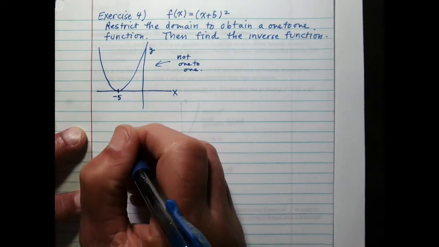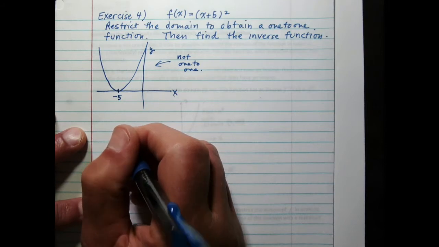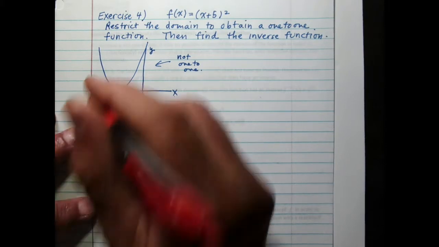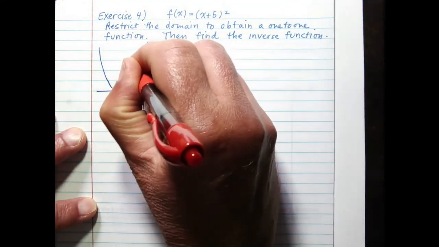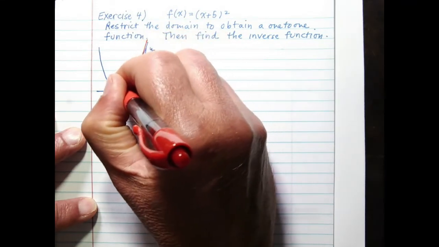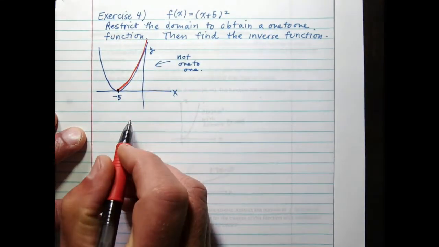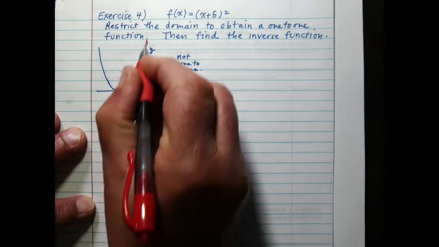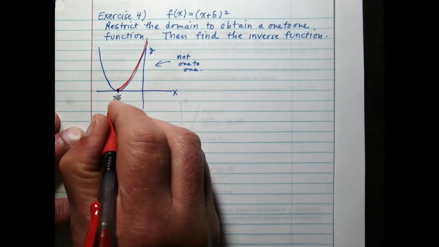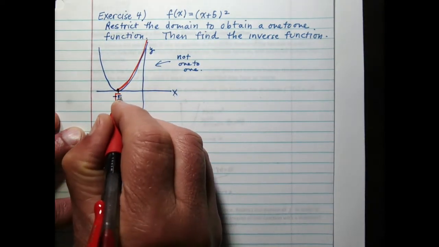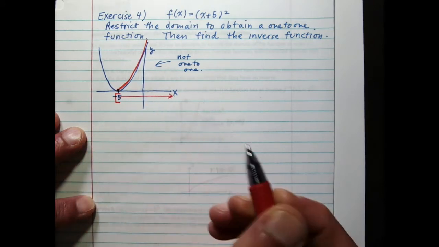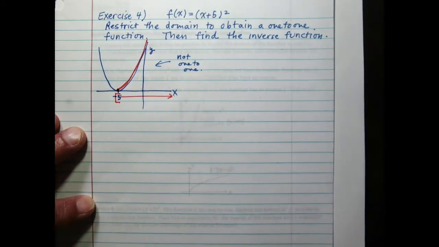Half the parabola if we can, to obtain a one-to-one function. So I'd like to be able to just take maybe this portion from -5 on and on to the right. That means we're going to take a domain from -5 on and on to the right.